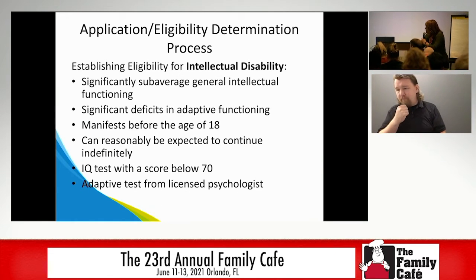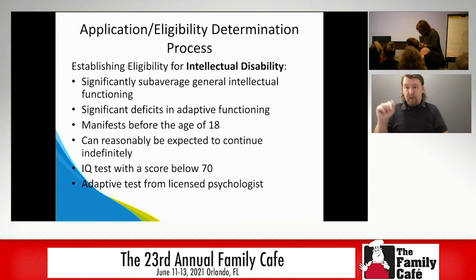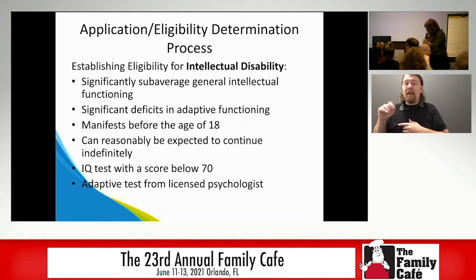Okay, so establishing eligibility for intellectual disability. Individuals with intellectual disabilities have significantly sub-average general intellectual functioning existing concurrently with deficits in adaptive behavior, which manifests before the age of 18 and can reasonably be expected to continue indefinitely.